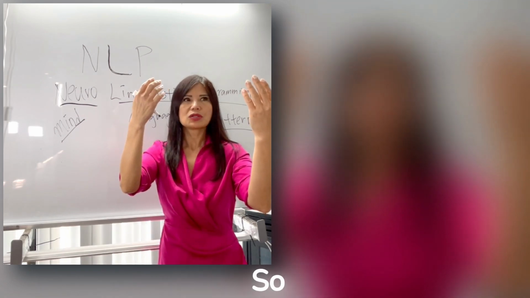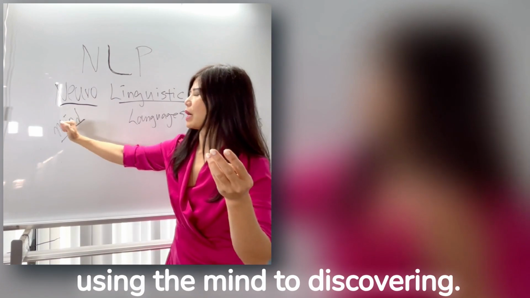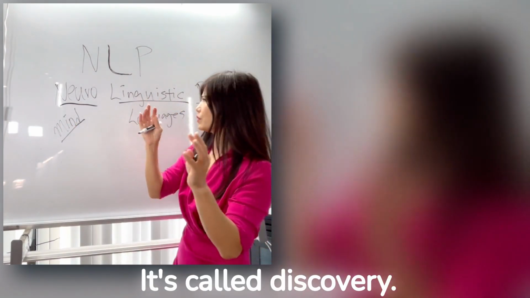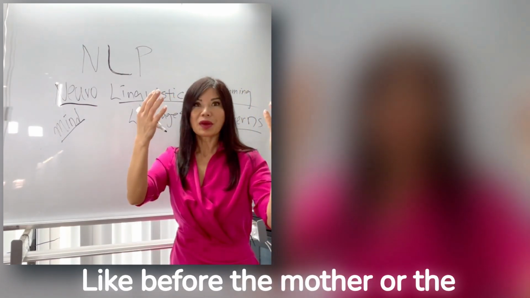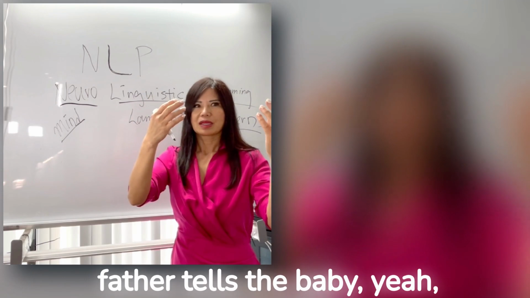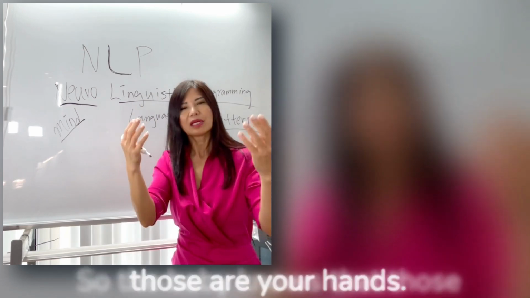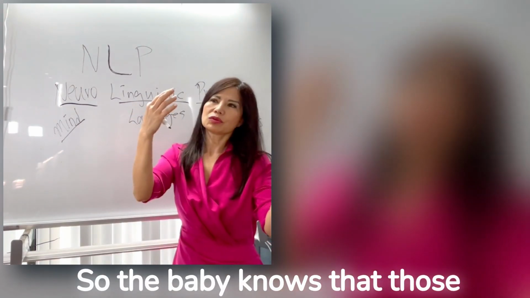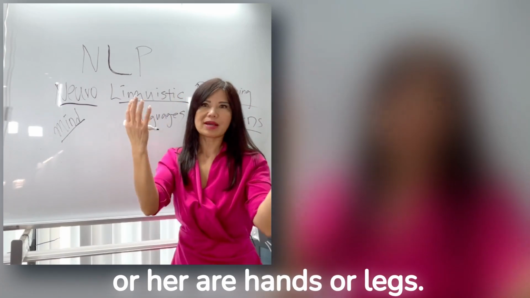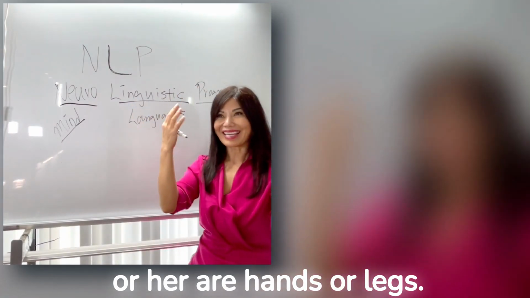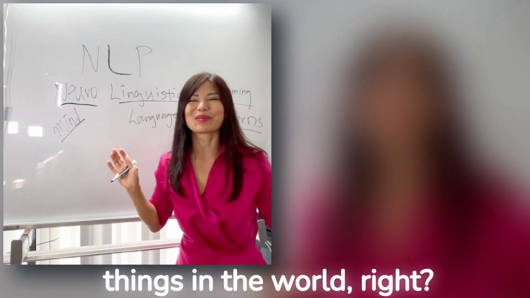So the baby is using the mind to discover. It's called discovering. What is this? Before the mother or the father tells the baby, yeah, those are your hands. So the baby knows that those things that move in front of him or her are hands or legs. That's when they first discover things in the world.